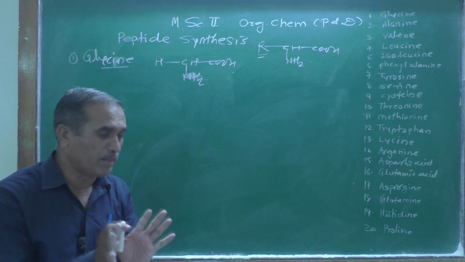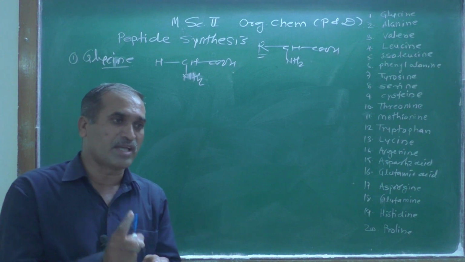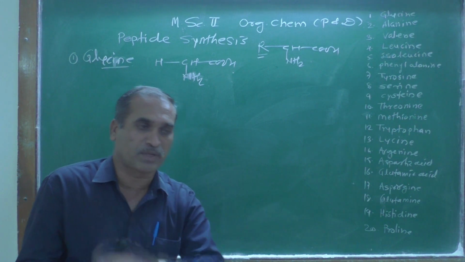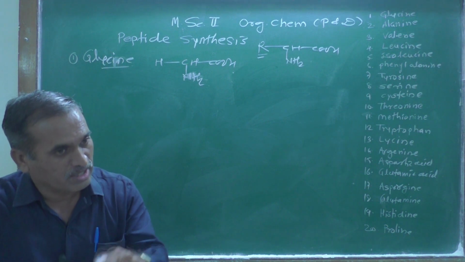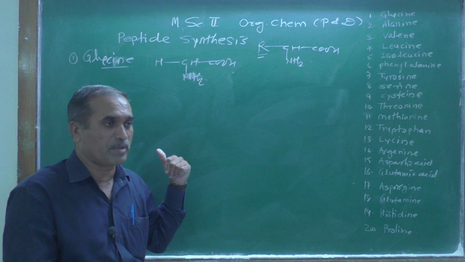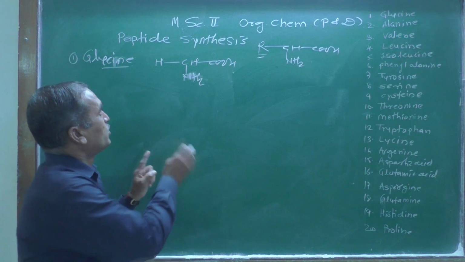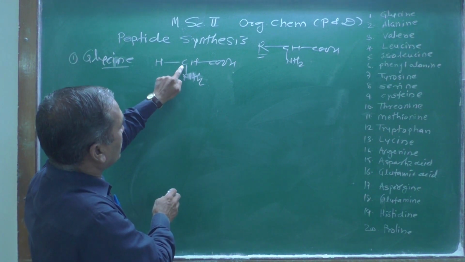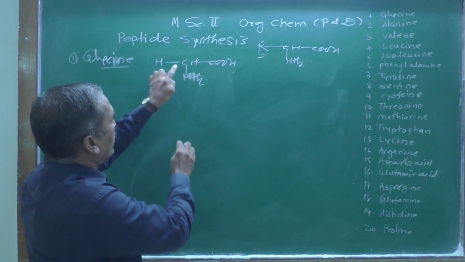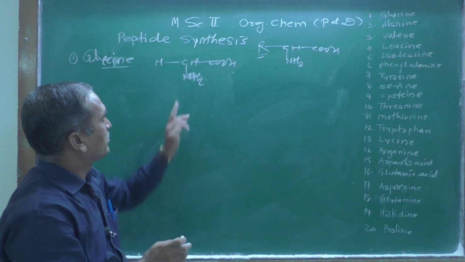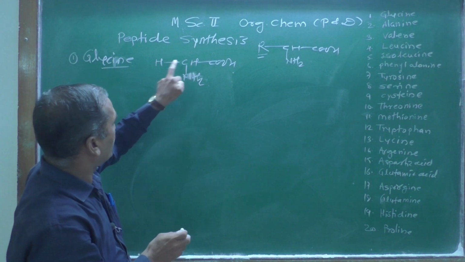Now tell me whether this glycine is optically active or optically inactive. Is there a chiral carbon present in this glycine? Look at here, this carbon atom has 2 hydrogen atoms, 1 and 2.